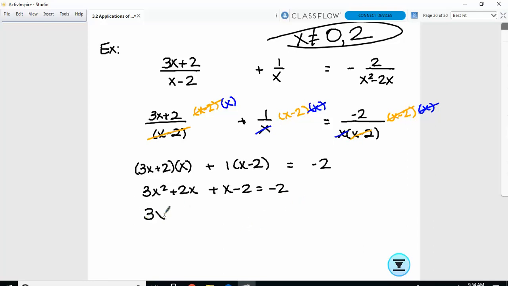What happens now? We combine our like terms. We need to set it equal to 0. When I add over my 2 though, those cancel.